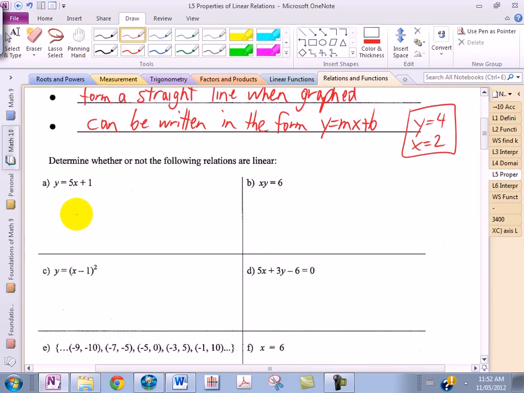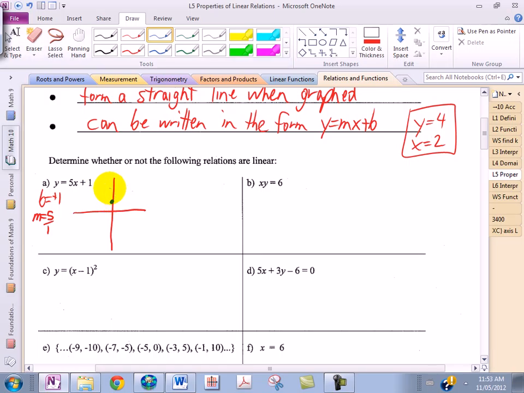So let's quickly graph that. How would we graph an equation of this type? Plot the b. What's b? Plus 1. And what do we call that? A y-intercept. So that point will be right here at plus 1. Then we can plot m, or count m. M is 5, which is 5 over 1. What does that tell us?